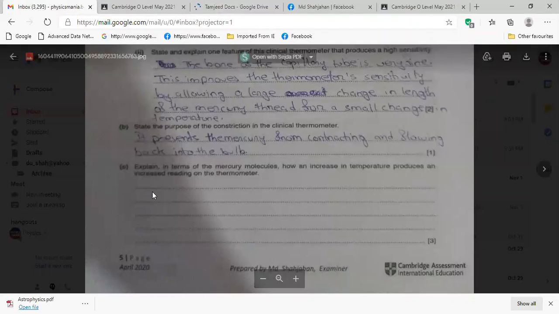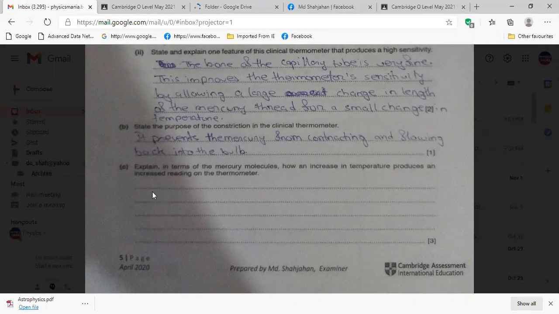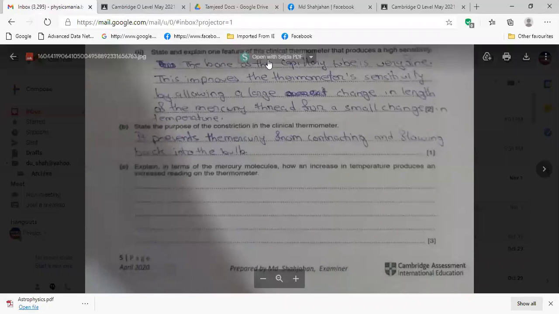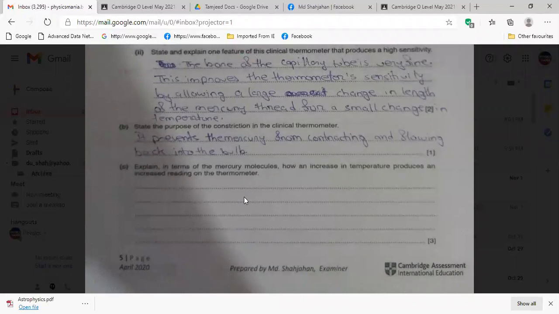Yeah, yeah. So first one, it gains energy, right? Mercury molecules gain energy. The second one is they move far apart, a little bit. You write they move a little bit far apart.